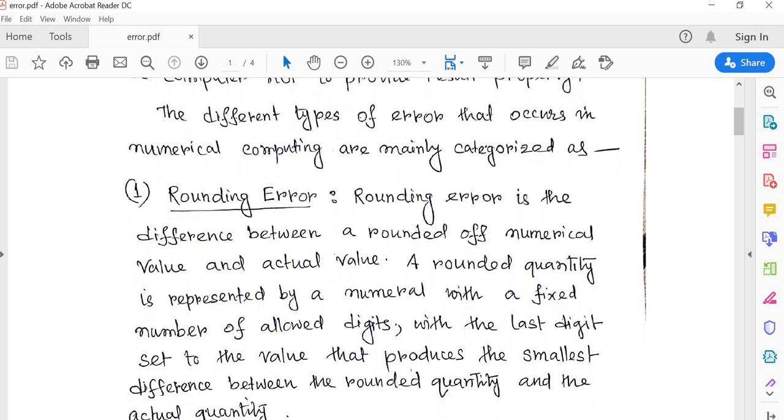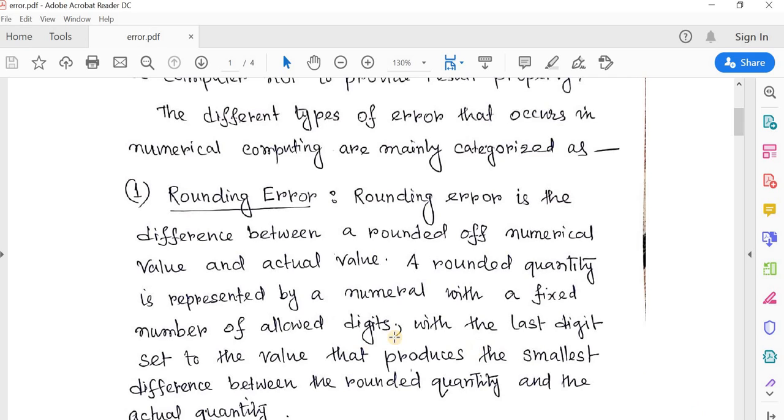Rounding error is also called round-off error. It is the difference between the result produced by a given algorithm using exact arithmetic and the result produced by the same algorithm using rounded arithmetic. If we use some rounded arithmetic in that algorithm, that may cause some error. That error is called rounding error.